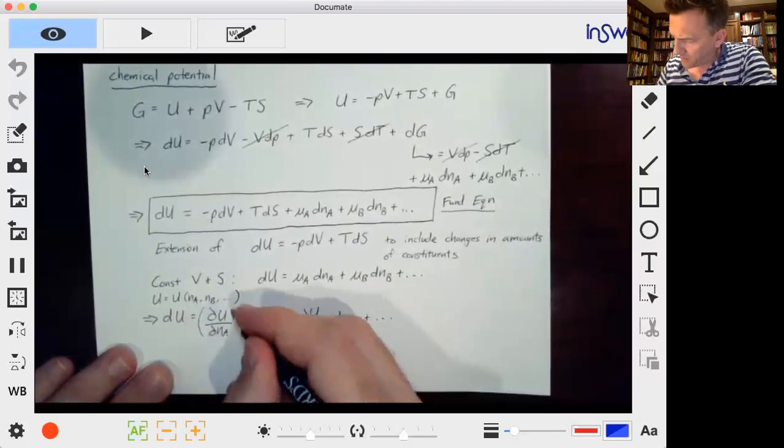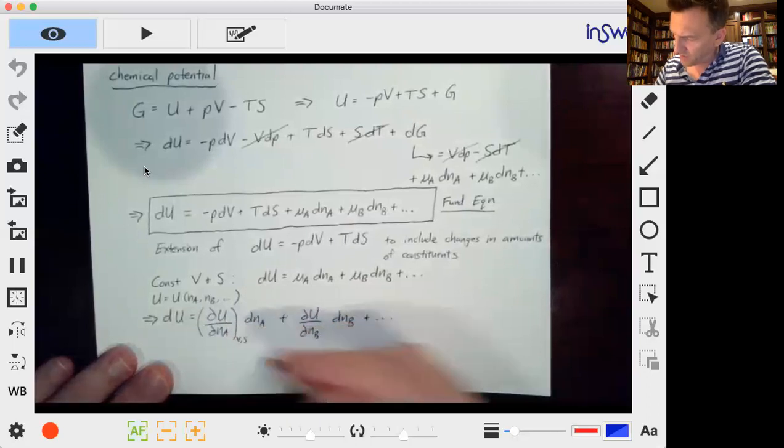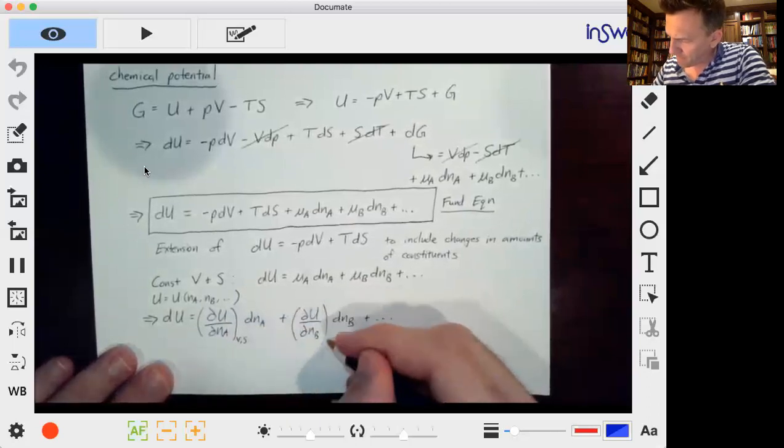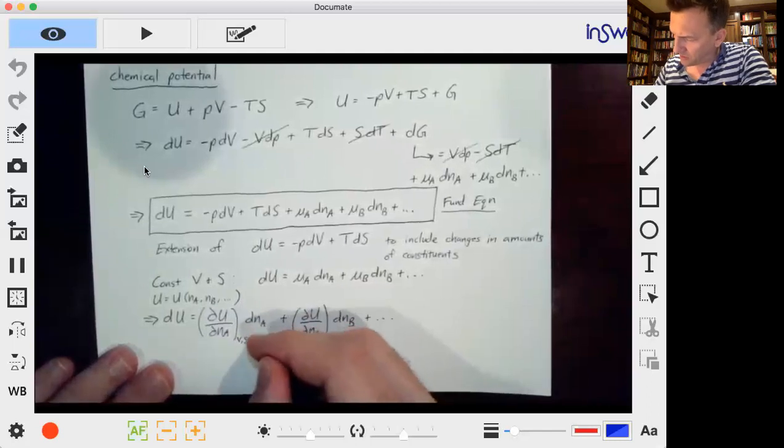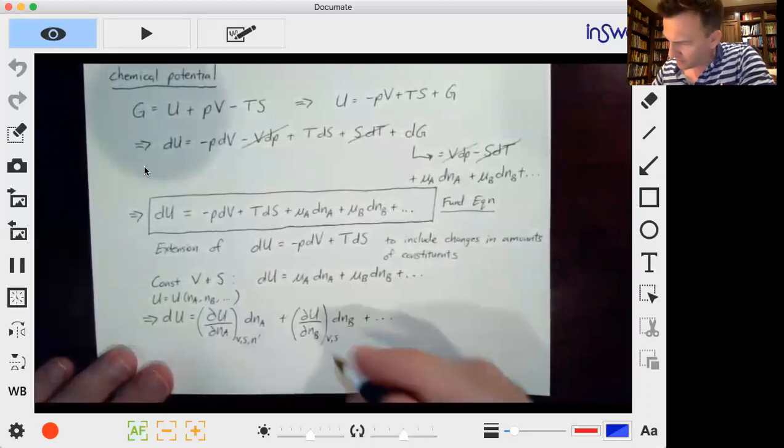And here we've held V and S constant, volume and entropy. And of course, when we take a partial derivative with respect to one of these n's, we're holding all the other n's constant.